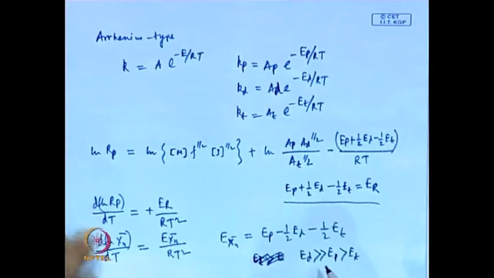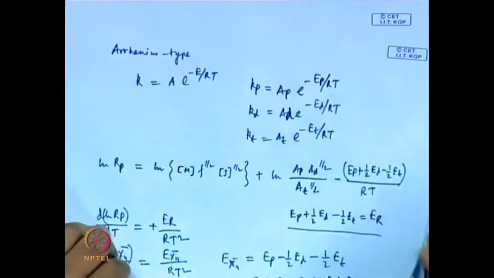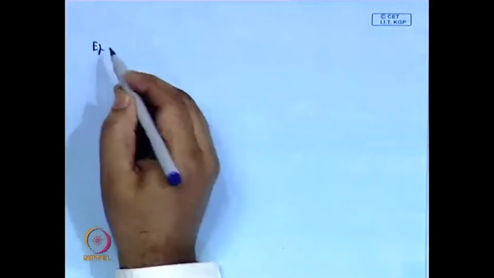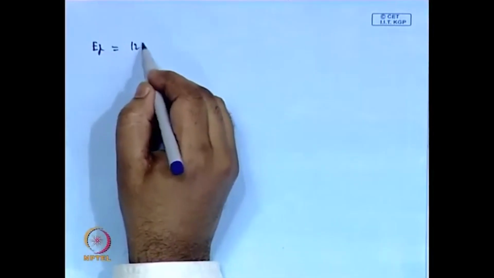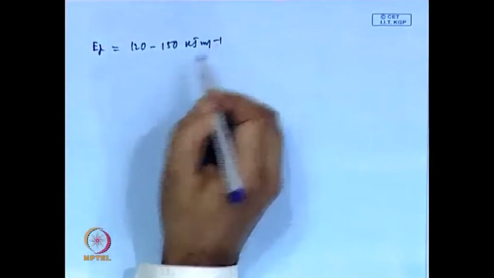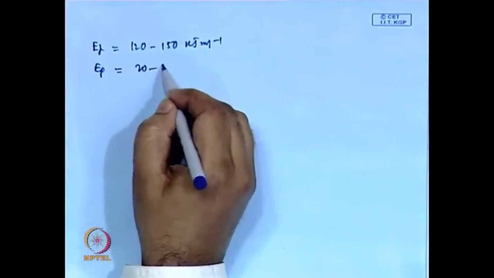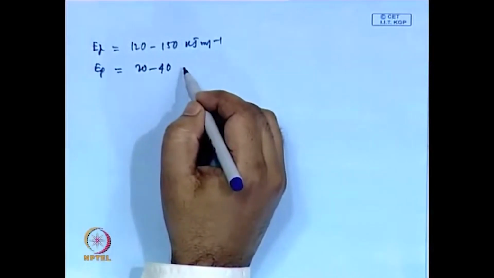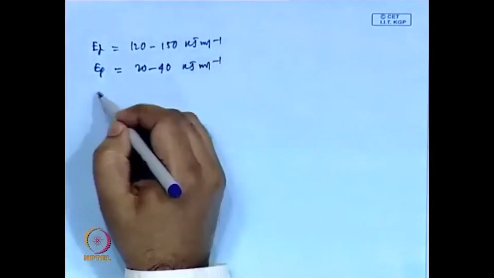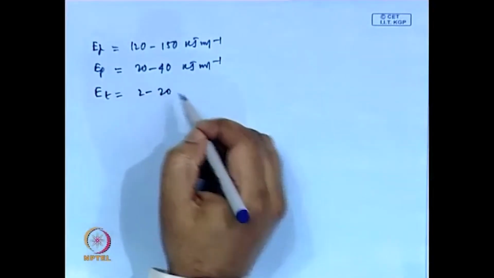Now, what are the typical values of these Ed and Et? Typical values of Ed for thermal initiation process come about 120 to 150 kilojoule per mole, as Ep comes to 20 to 40 kilojoule per mole, and Et is 2 to 20 kilojoule per mole.